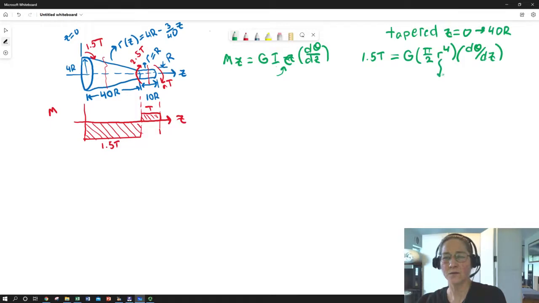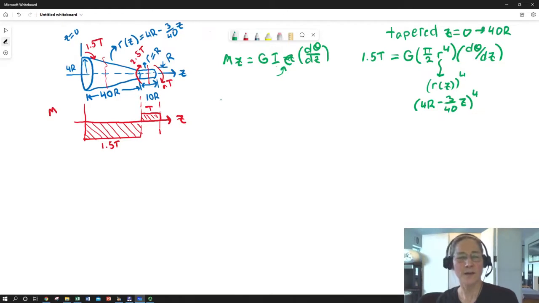Okay, so r to the 4th is my r as a function of z raised to the 4th, which is my line equation for r minus 3/40 z, all raised to the 4th.